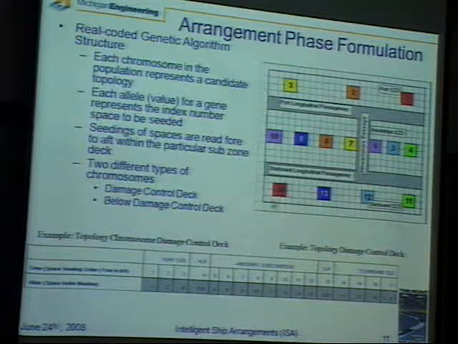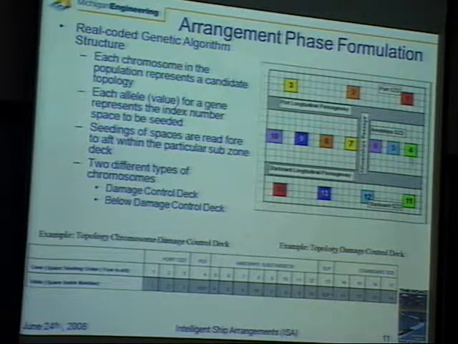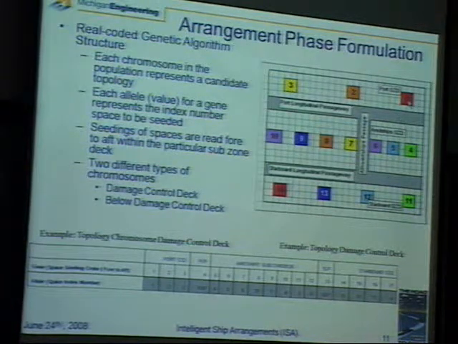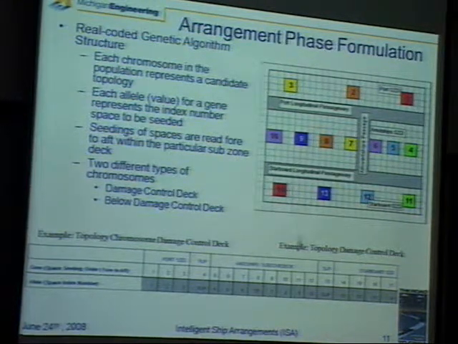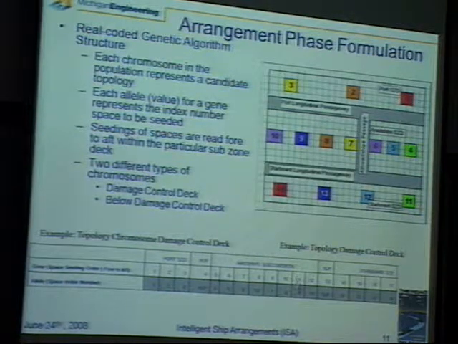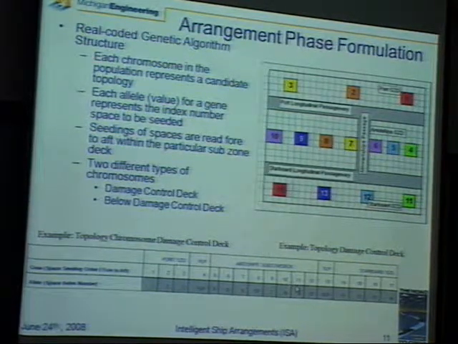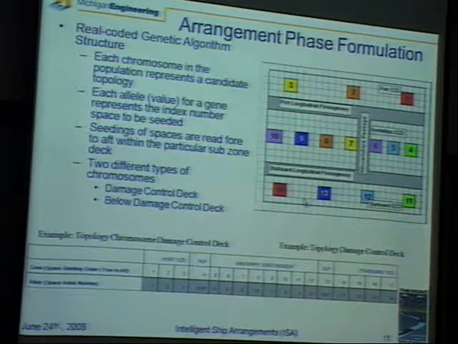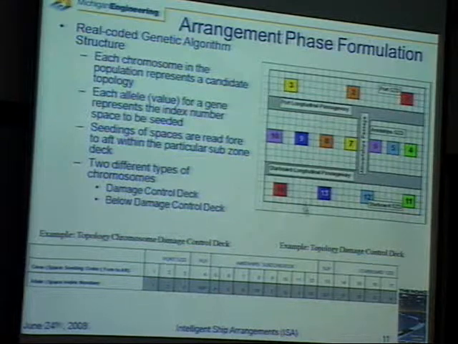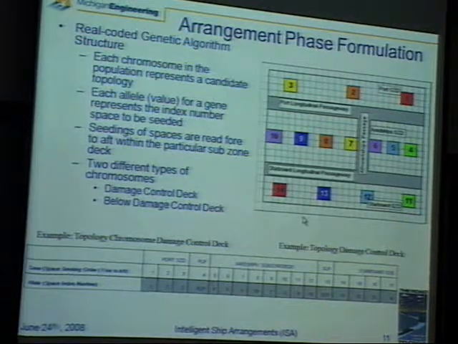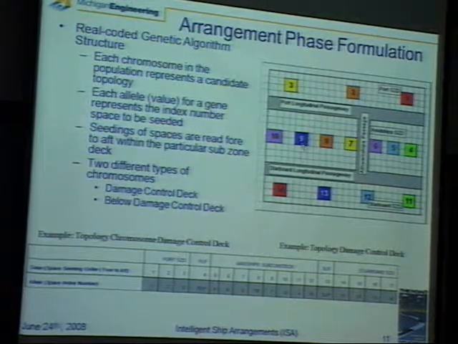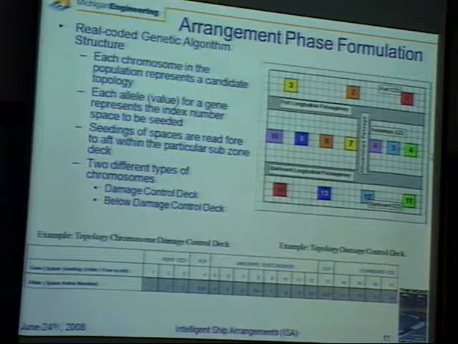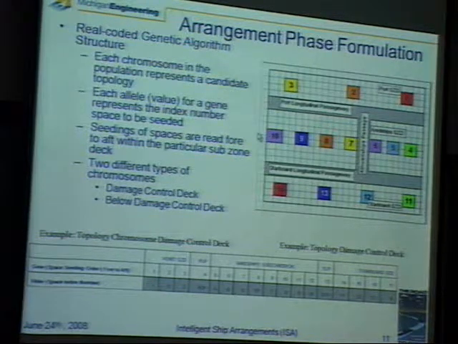This is the plan view of one zone deck, and according to this figure, 14 spaces are allocated by the genetic algorithm bin packing. There are also topological constraints. This is the port side, bow side, and this is the stern side.